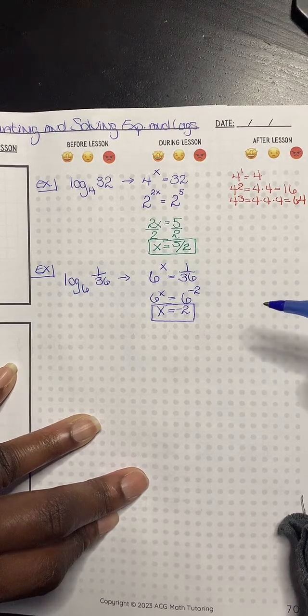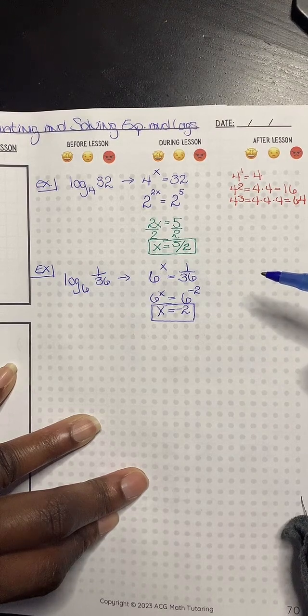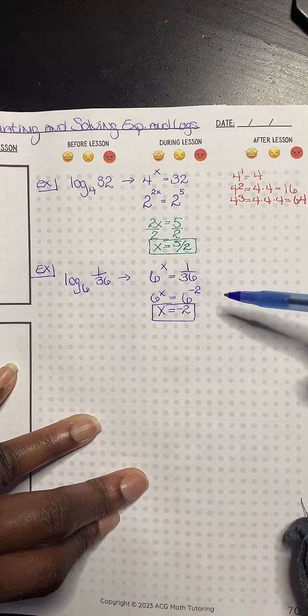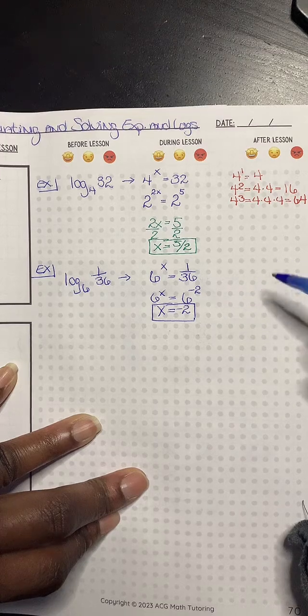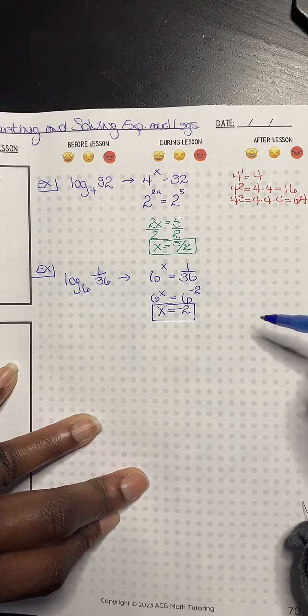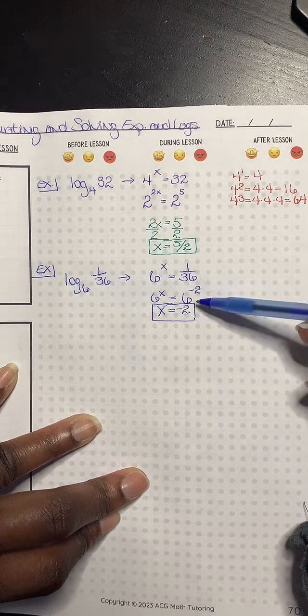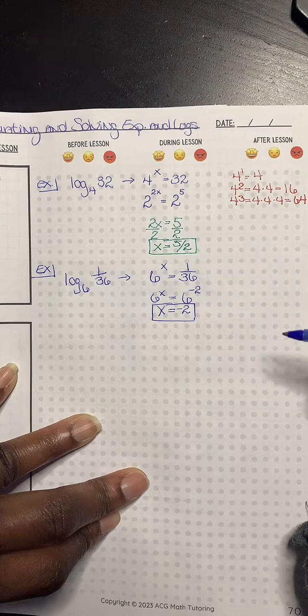So yes, Leah, you are right with the -2. We can change the 36 to 6 raised to the -2, so we can have the same base.